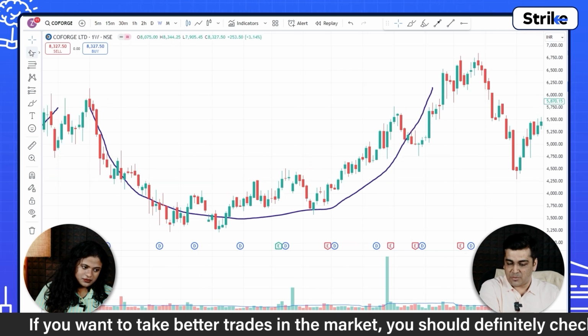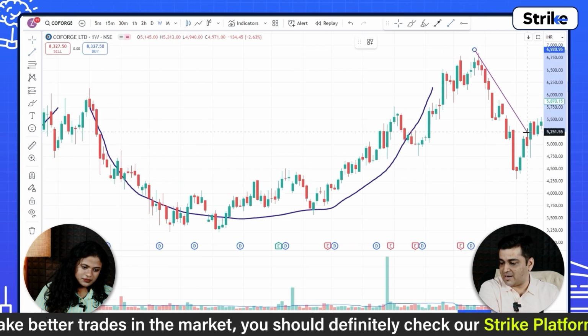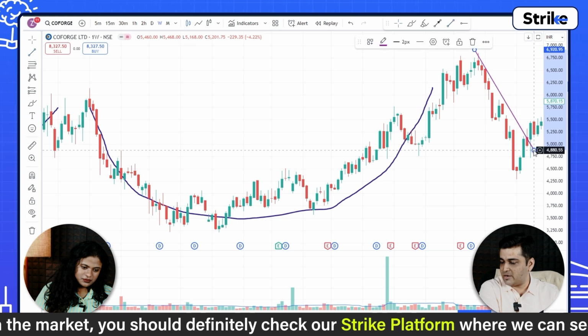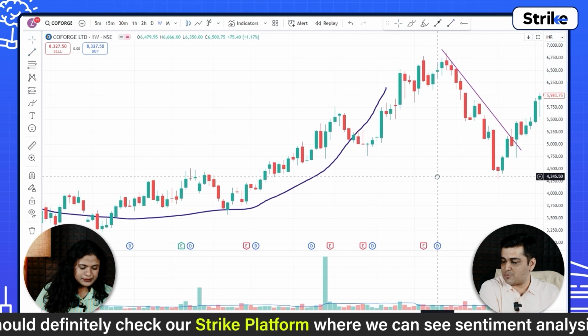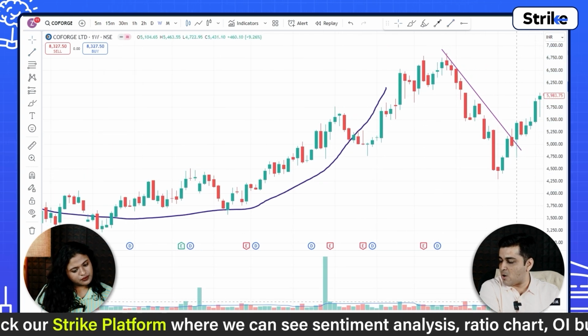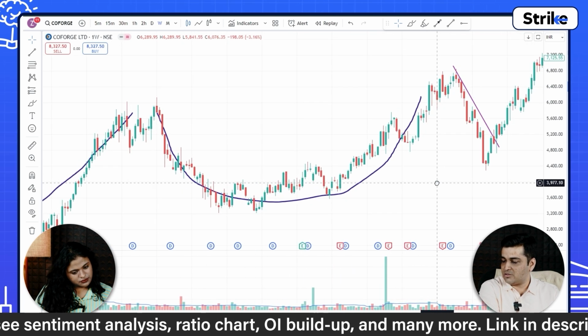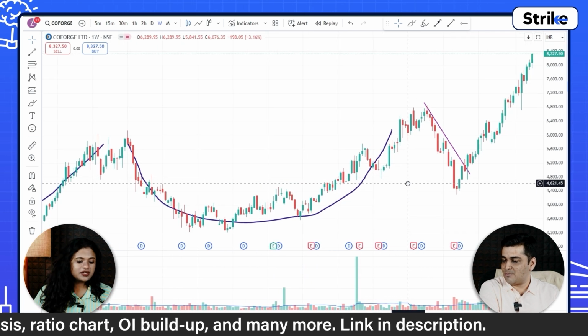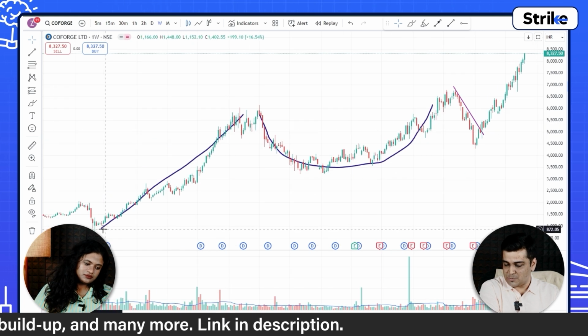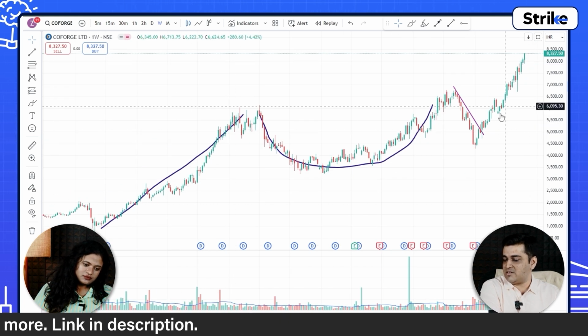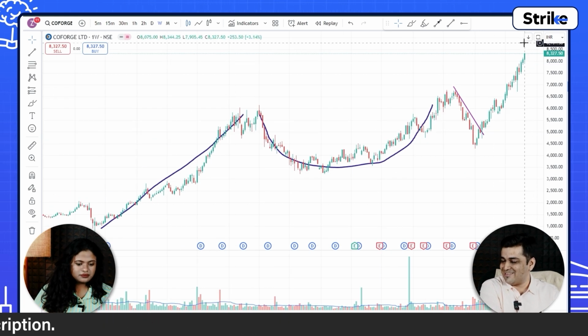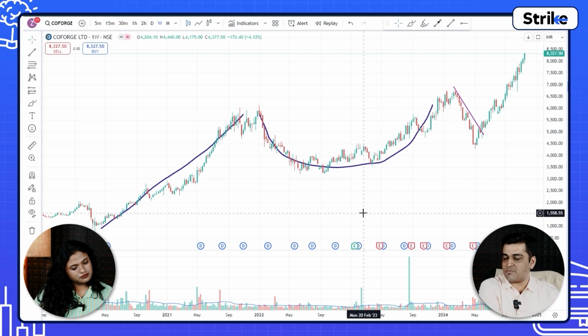Once this handle formation was complete, we can draw a trend line like this. After this trend line was broken out with above average volumes, the trend started going up. So this trend is in continuation from here. Coforge is a classic example of a cup and handle pattern.